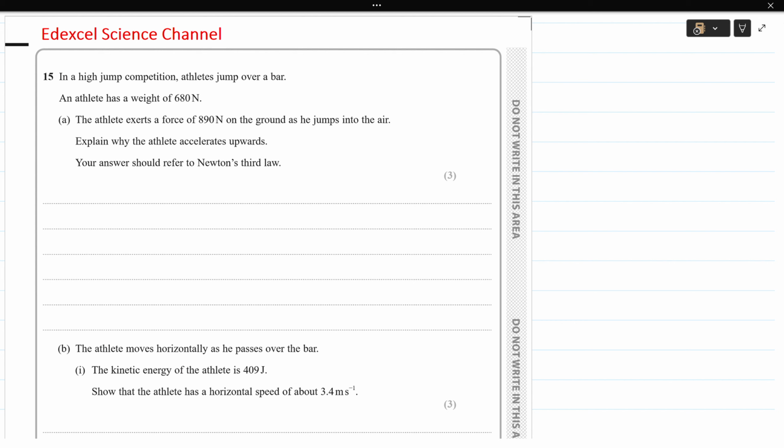Now, for a question like this, it is always best practice to make a rough diagram so that we understand the scenario better. Let's say that this is the athlete. Okay, let me make him a little bit bigger. This is the athlete.